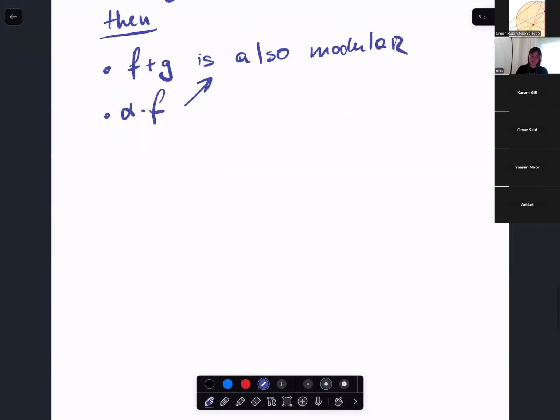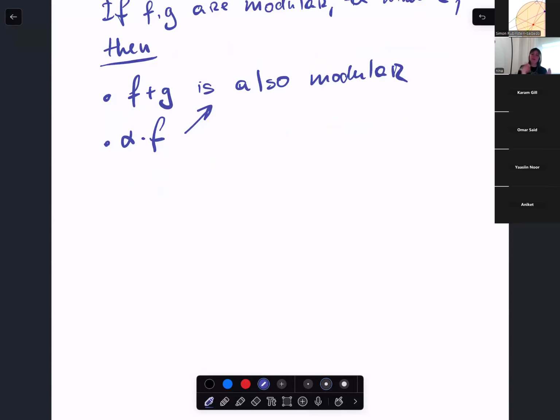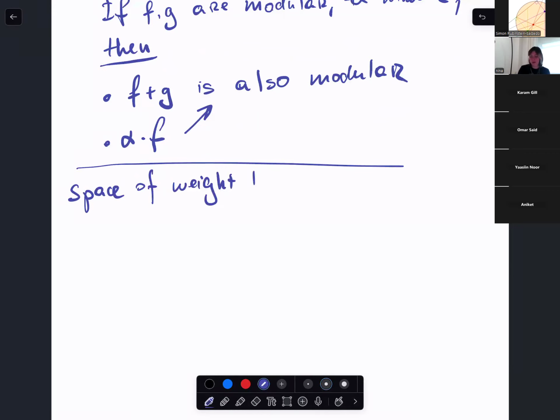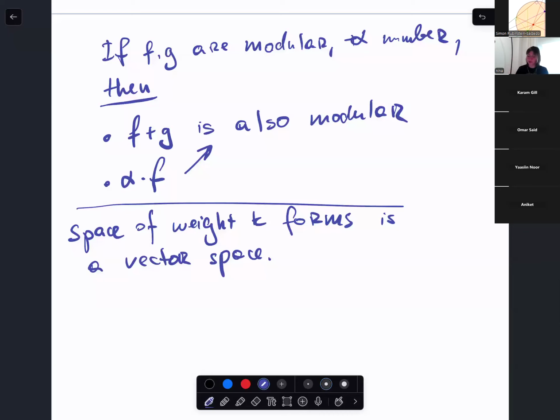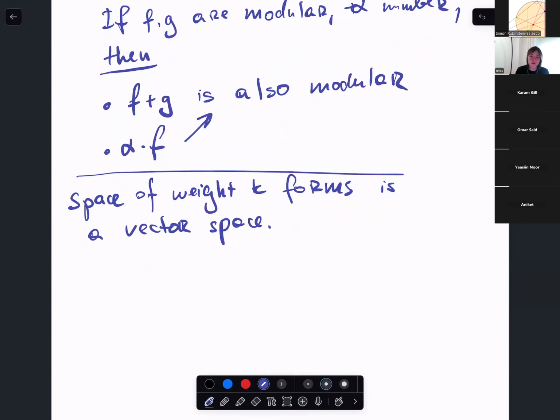And what this formally implies is that the space of all modular forms of the same weight, so the space of weight k forms for fixed k, is a vector space. Which, again, you'll probably know what that is, but all it means is that you can add and multiply elements, and it's sort of a space where you can operate on things.